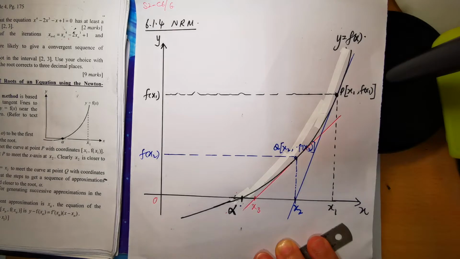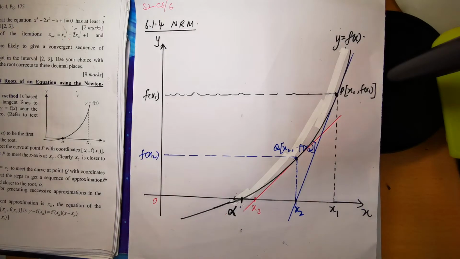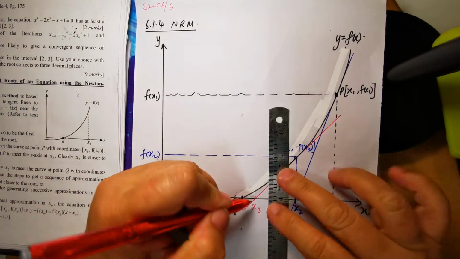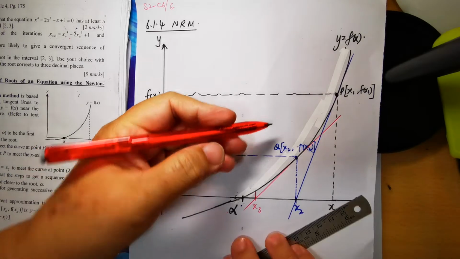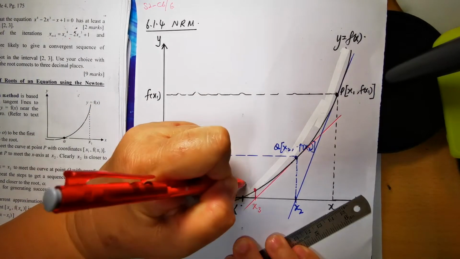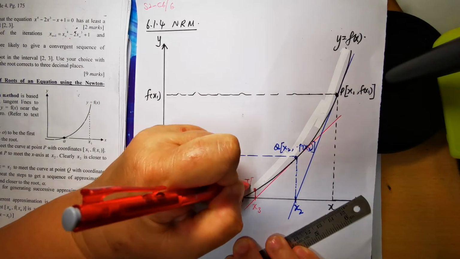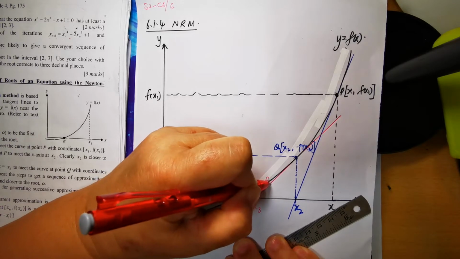Maybe we try one more. If we repeat the same step, from x3 we draw a line to meet the curve again. Let's name this point T, which is (x3, f(x3)).